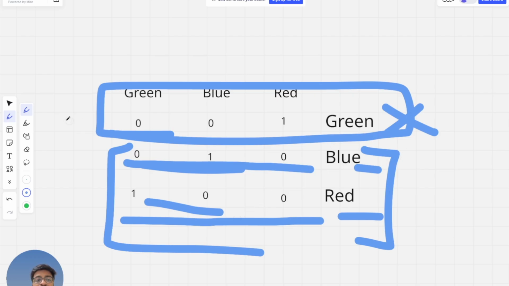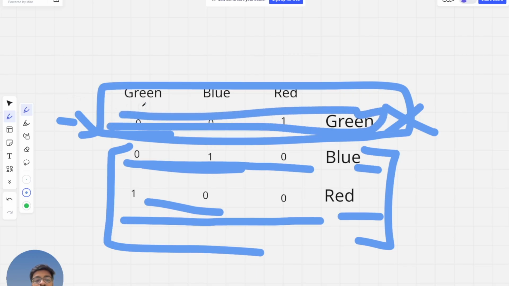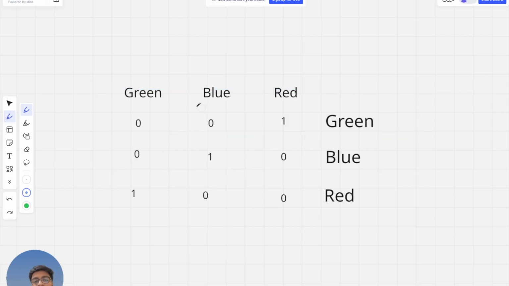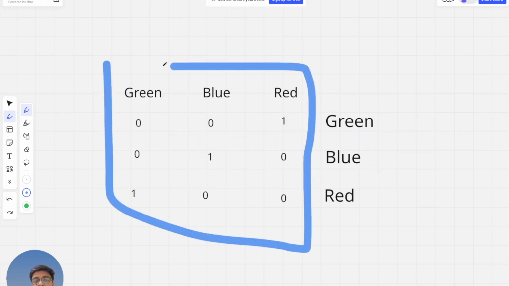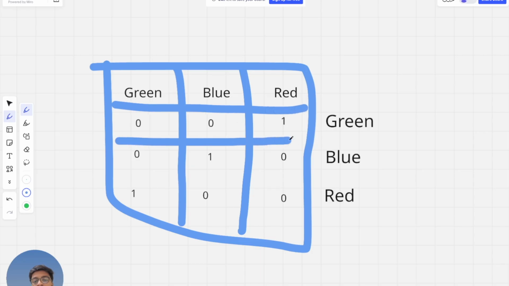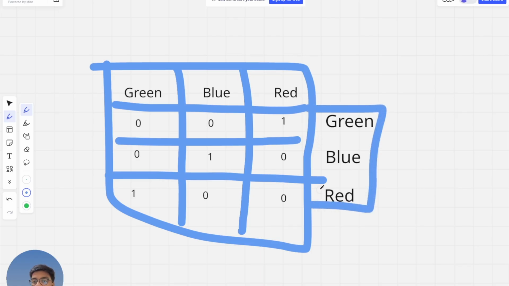It's just taking up space in a PC, not much more than that. Okay, so yeah, this is encoding. My drawing is not good, but this is a decent table.